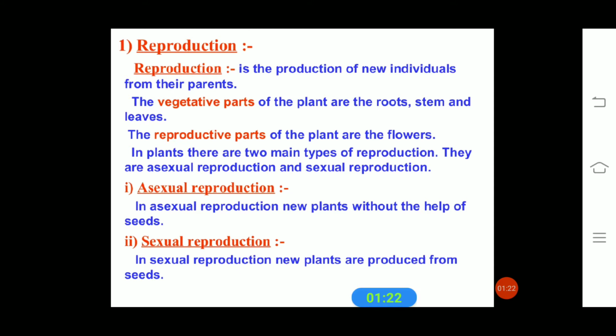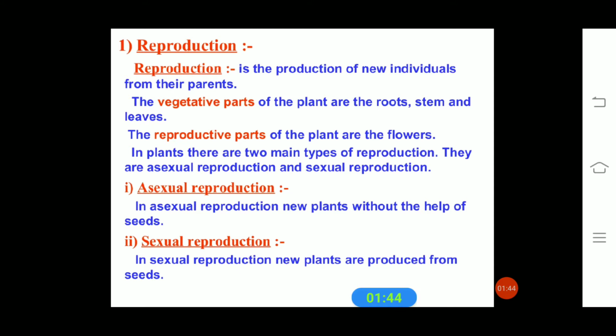Okay. So students, most of the plants have roots, stems and leaves. These are what we call the vegetative parts of plants. Like human beings reproduce new young ones, plants also reproduce. How? By the flowers.